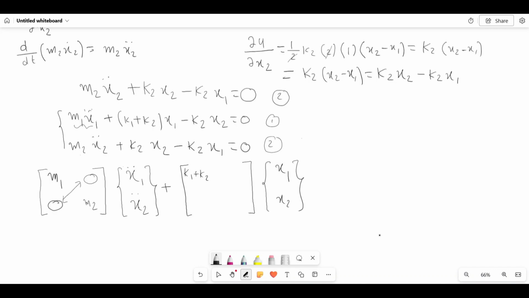Did I make a mistake somewhere? Is it negative k2 or just k2? No, it is negative k2. We must take it as a negative. Yes, this one. Okay, thank you.